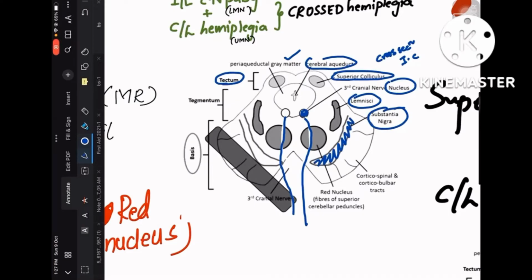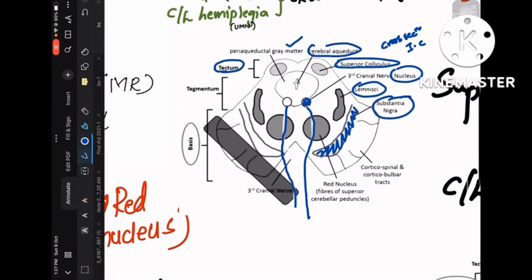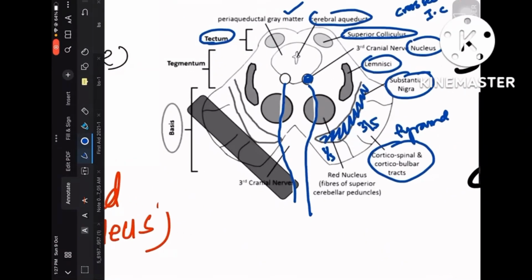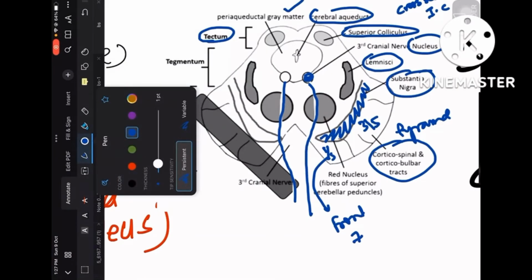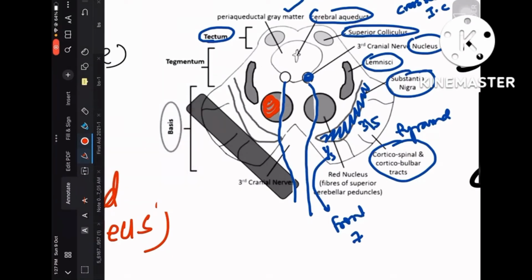And this is the crus cerebri, which has the corticospinal or corticobulbar, that is the pyramidal tract, in the middle 3/5, whereas in the medial 1/5 you have the frontopontine fibers, which is for the 7th nerve. And this thing here, let me label it in red for you. This is the red nucleus. Fibers of the superior cerebellar peduncle are present in the red nucleus.